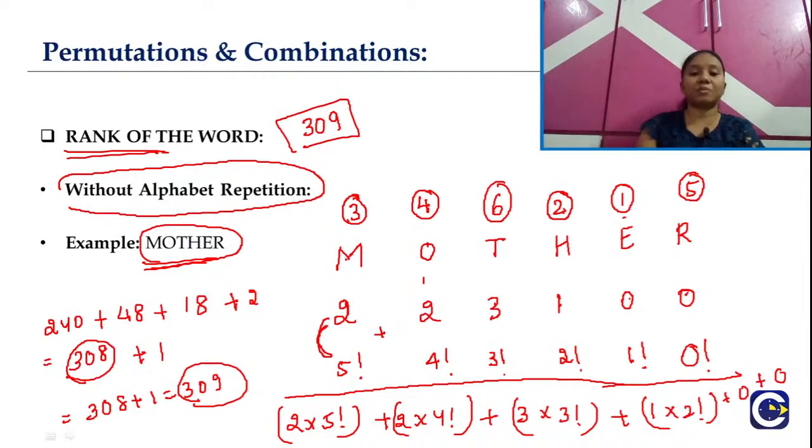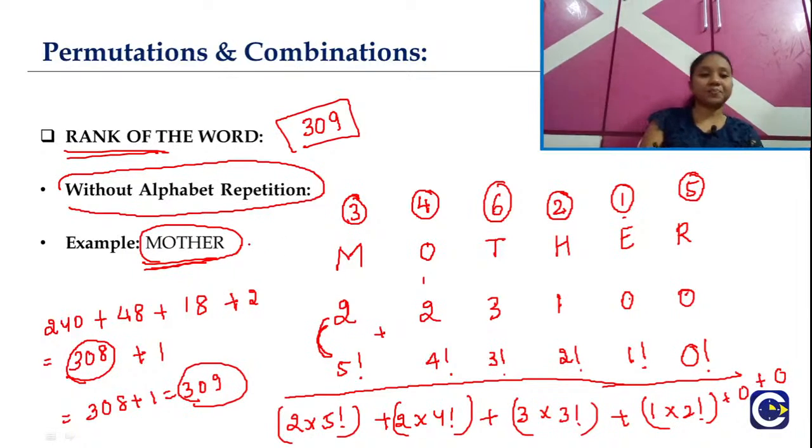That means we'll start from the first letter and check how many numbers less than that are present in front of it. Likewise we'll be giving the numbers, and then when we reach the rightmost side, from there we'll start giving 0 factorial, 1 factorial and so on until the last letter. At the end we have to multiply these and then add the remaining terms, which will give the answer. At last we have to add 1, that will be our final rank of the word.